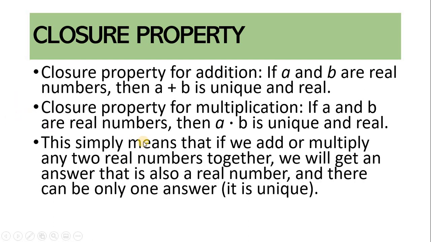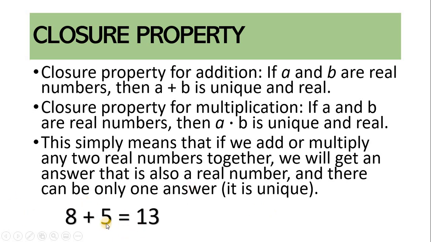So this just simply means that if we add or multiply any two real numbers together, we will get an answer that is also a real number. And there can be only one answer, and that is what we call unique number. For example, 8 plus 5 is equal to 13.